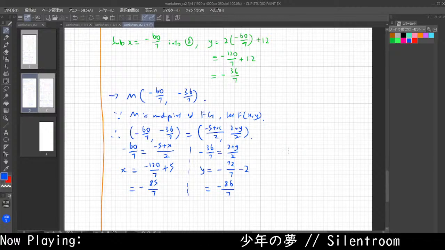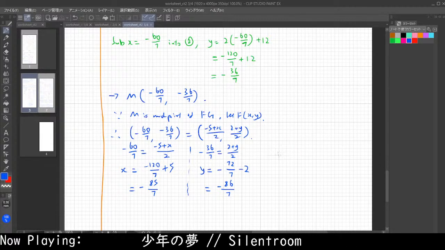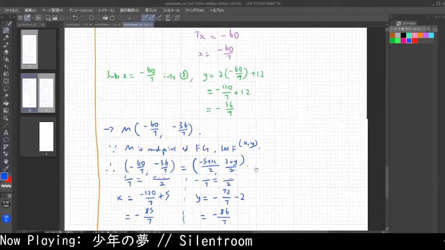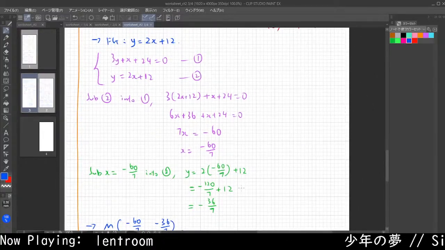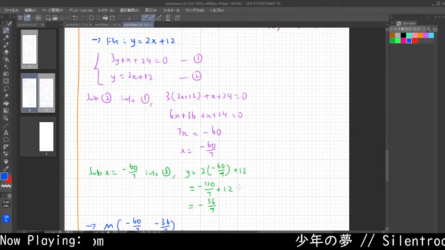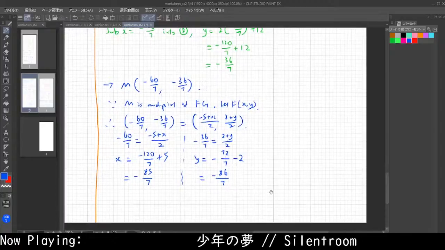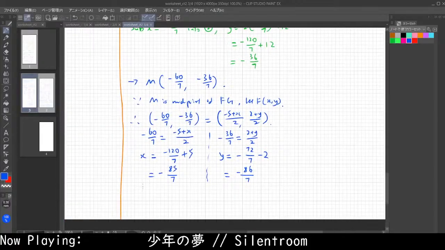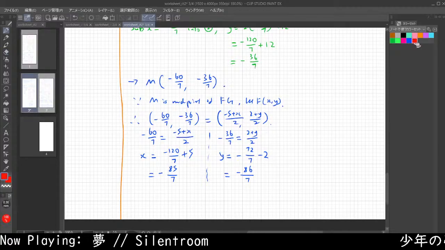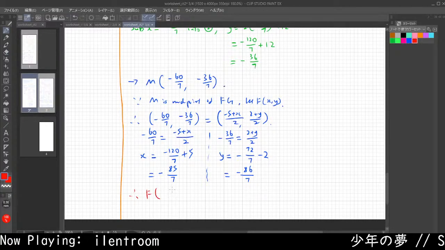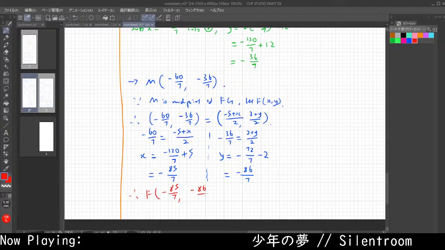Save. Okay, so you got FG, and since M is the intersection of FG and L2, you get M. After you get M, you can get F. So finally, F has coordinates negative 85 over 7, negative 86 over 7.